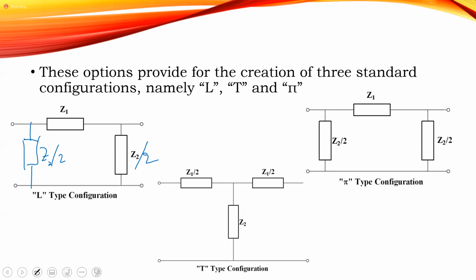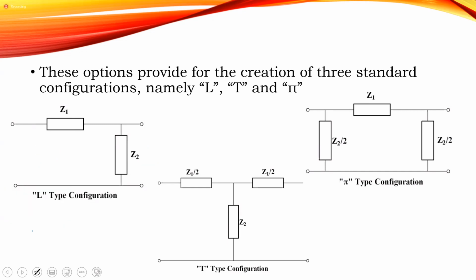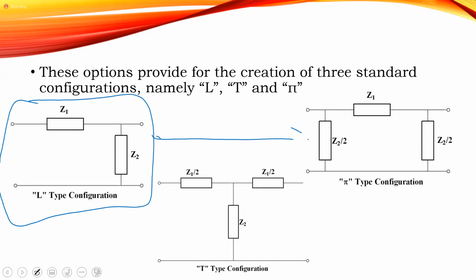It changes based on whether it's a capacitor I'm going to divide into the T or an inductor. But the equations that we'll be giving would primarily provide us with calculating the values for your L section or your L-type configuration. And it is from your L-type that you then move to your pi or to your T. All right?